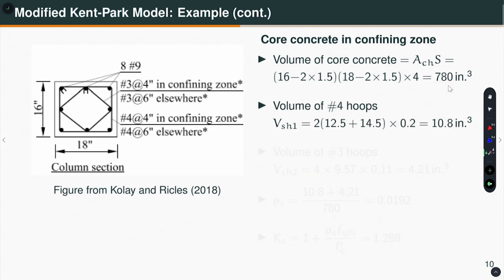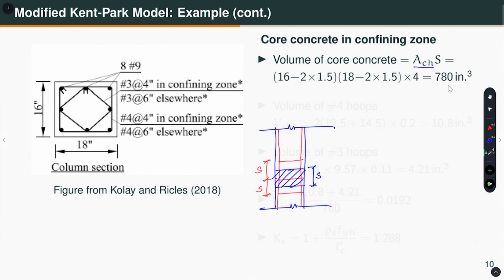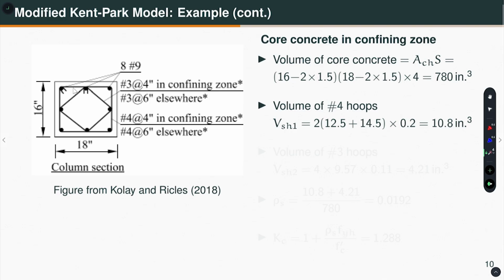Then what is the volume of stirrup in that region? So, if I go back in this portion, how much stirrup do I have? Well, I have a rectangular stirrup and a diamond stirrup. There are 2 stirrups in that volume. So, volume of number 4 hoops is the perimeter. How do I calculate 12.5?